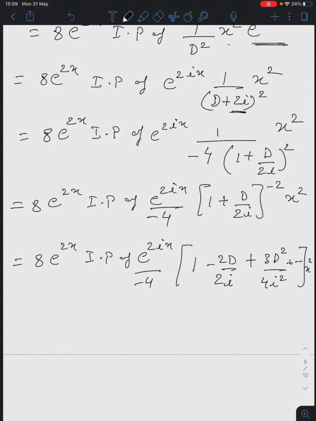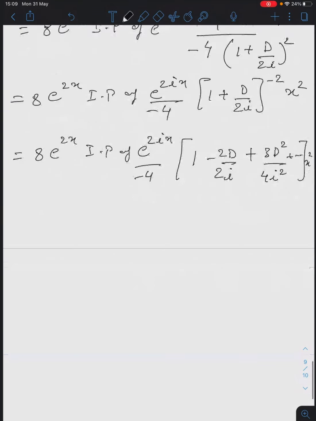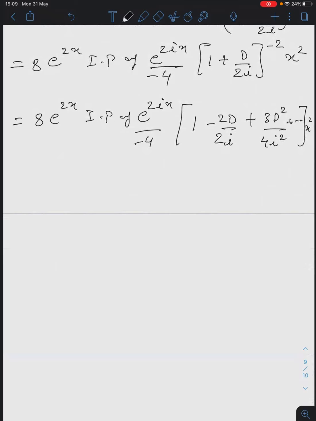And this you will apply on x square. Are you following these things? Yes, ma'am. So this will be 8e to the power 2x as it is, imaginary part of e to the power 2ix by minus 4.